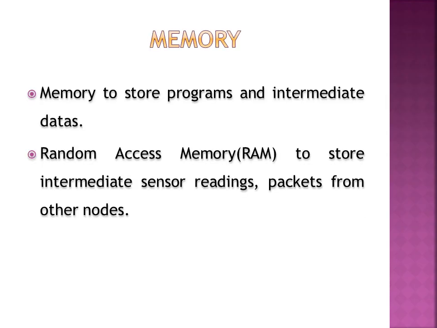Memory. Memory is used to store programs and intermediate data. Random access memory, that is RAM, is used to store intermediate sensor readings and packets from other nodes.